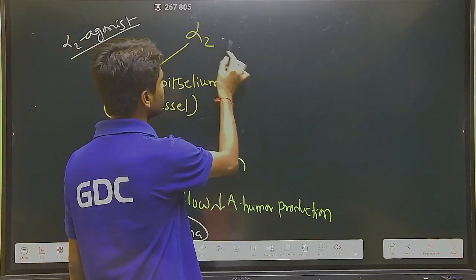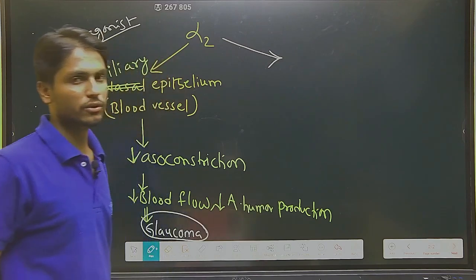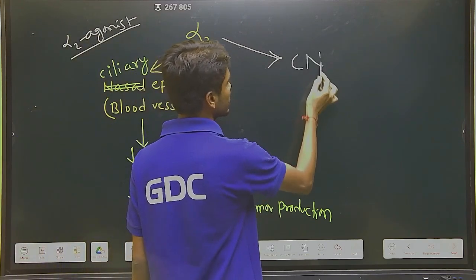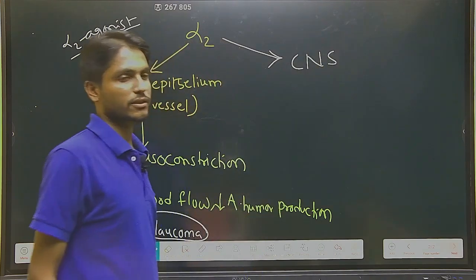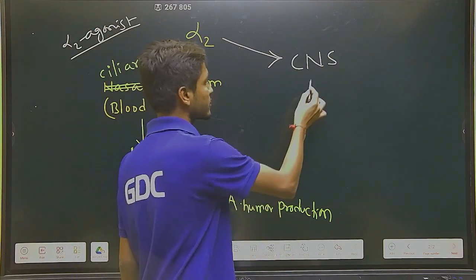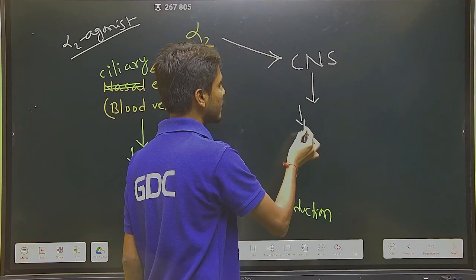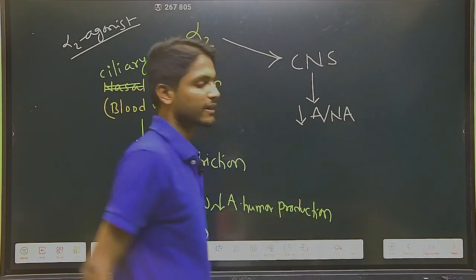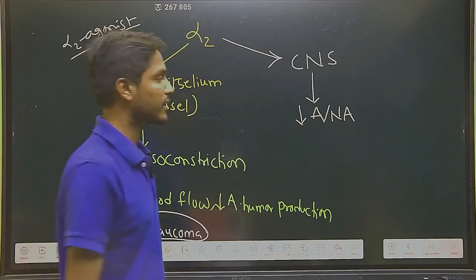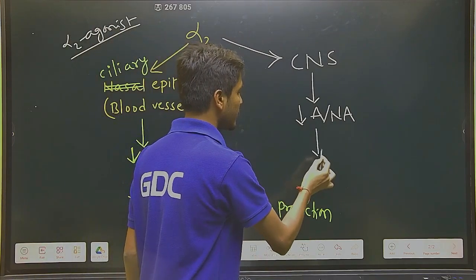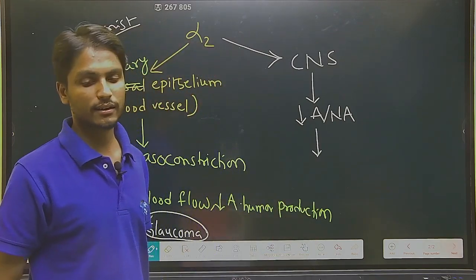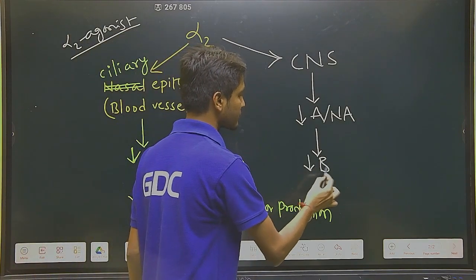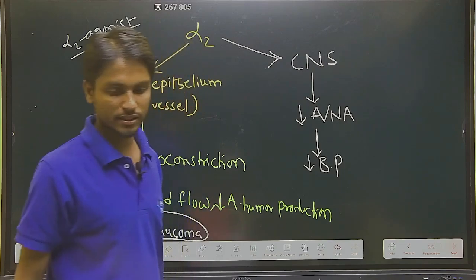Next, the same alpha-2 receptor is located in the central nervous system. If it is located in the central nervous system, it will decrease the adrenaline and noradrenaline level. With decreased adrenaline and noradrenaline, it will further reduce the blood pressure.